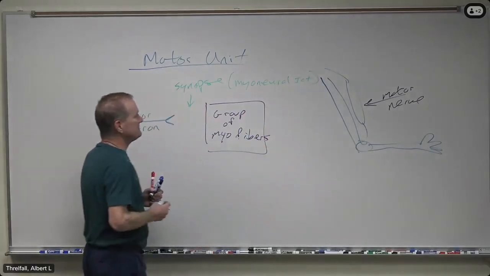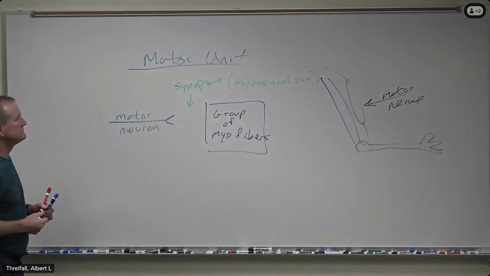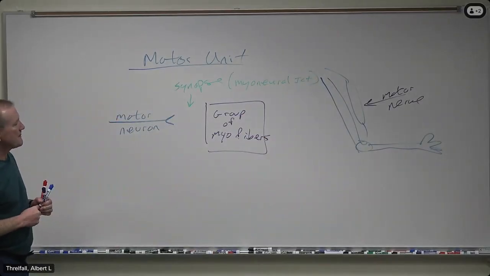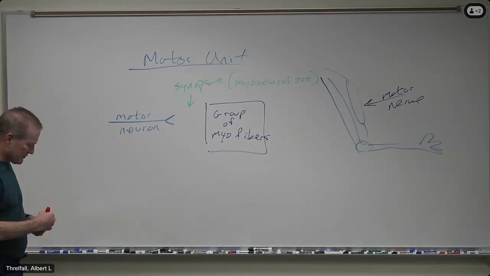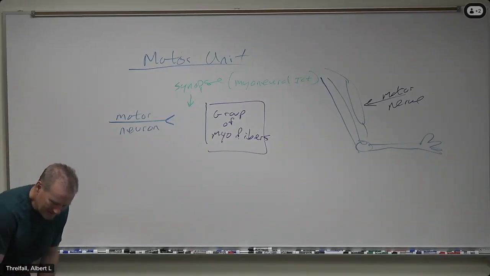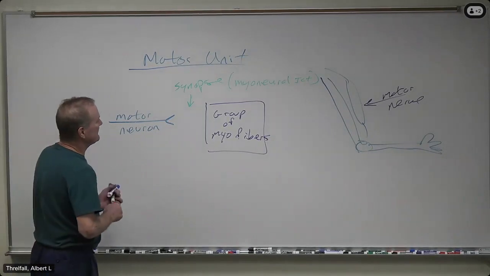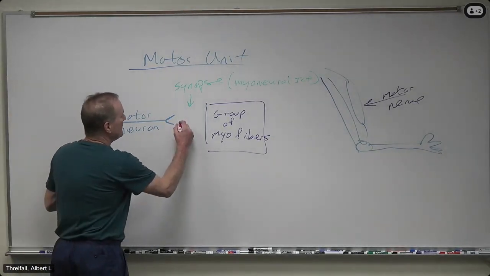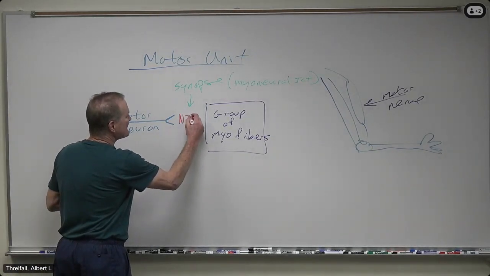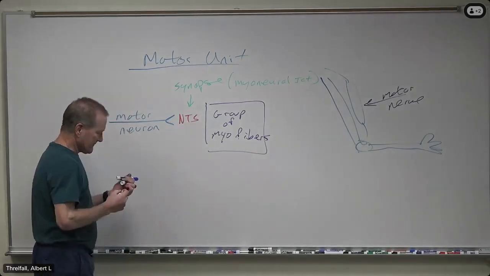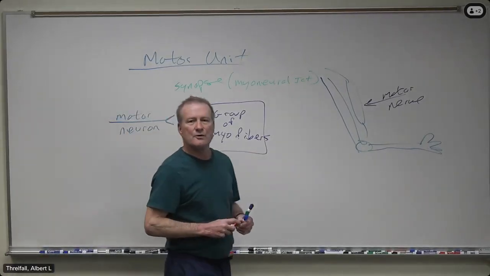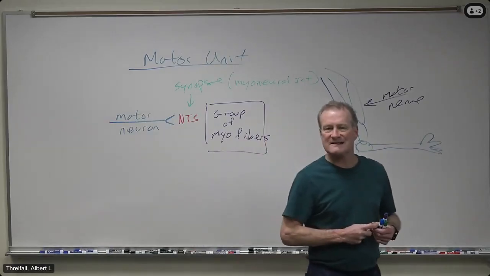Myoneural junction. And it takes special chemicals called neurotransmitter substances to move the signal across the synapse.